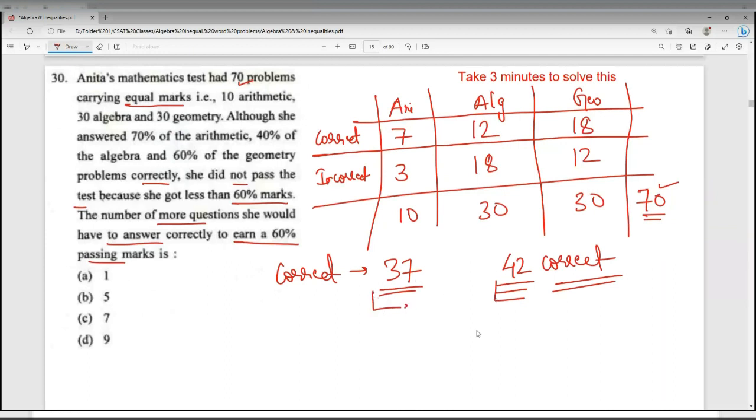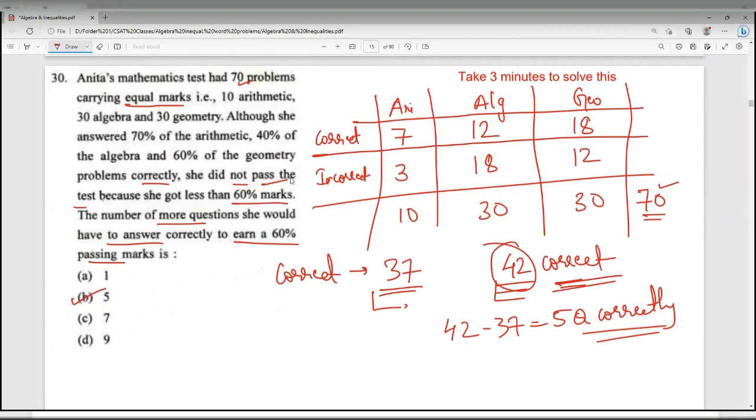So additionally, she has to solve 42 minus 37, that is 5 questions, correctly. So the correct answer is 5. If she correctly answers 5 questions, she would reach 42 correct, and that would clearly make her pass this exam. So the correct answer is option B.